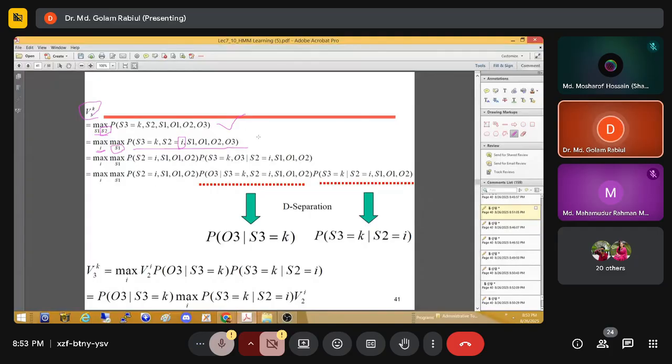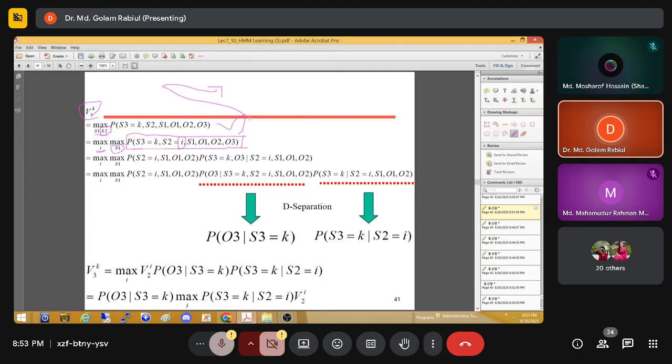Now from here, this probability can be written as the multiplication of several probabilities. How can we write it?